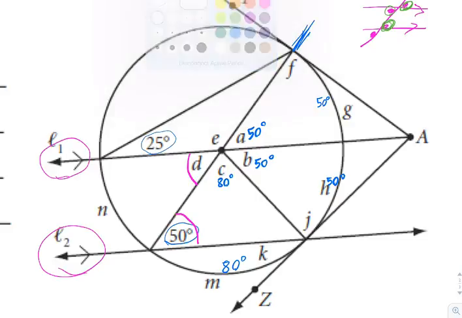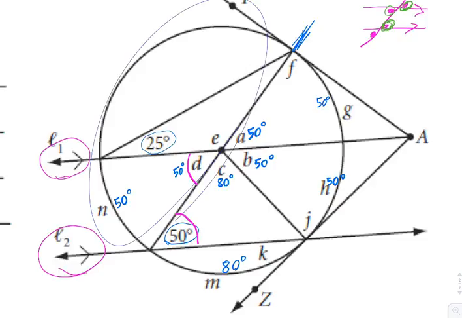So we get that this is 50 degrees, and a central angle of 50 degrees opens up to an arc of 50 degrees. That leaves me with, on this side of the circle, 180 minus 50. So that is 130 degrees. Okay, and that gives me a central angle of 130.